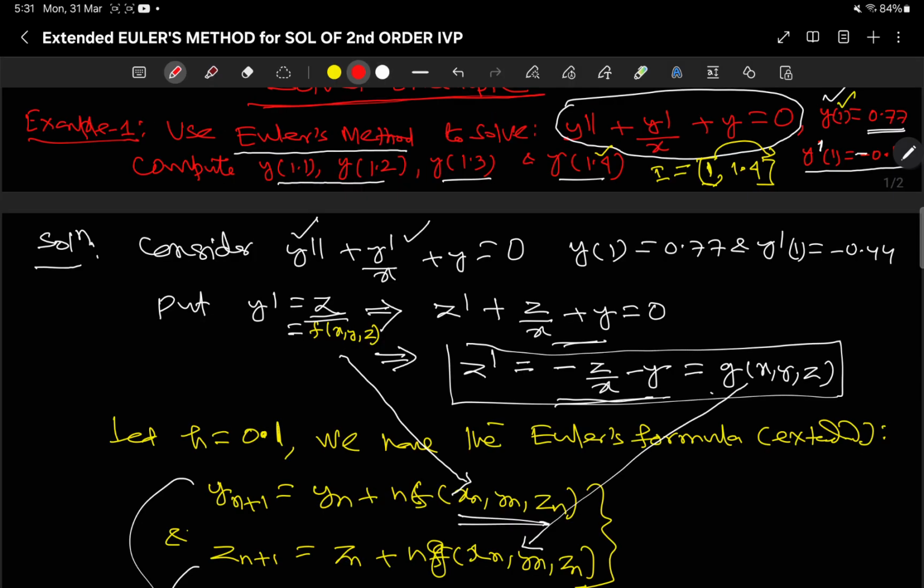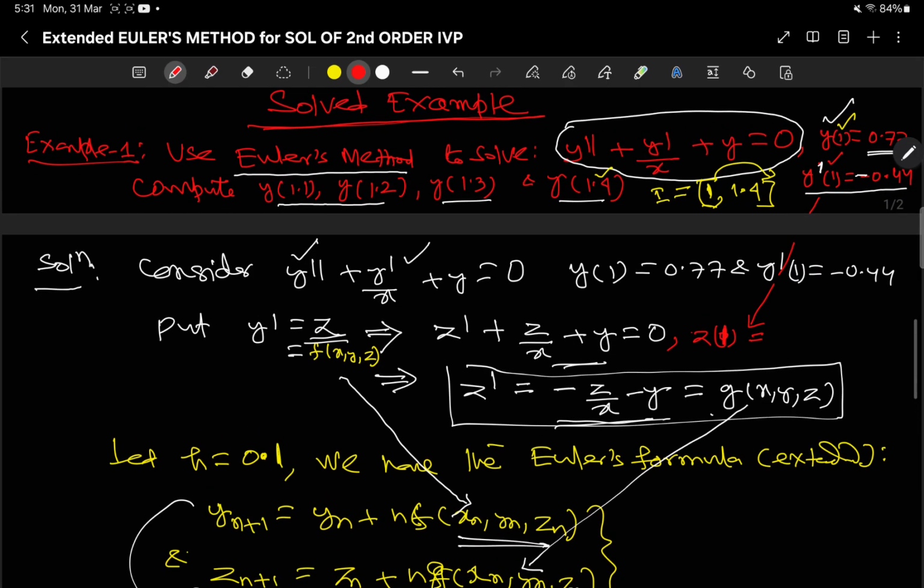What is my z0 here? Because y dash is z, z of 1 is equal to minus 0.44. So this is my z0, and this is my x0.